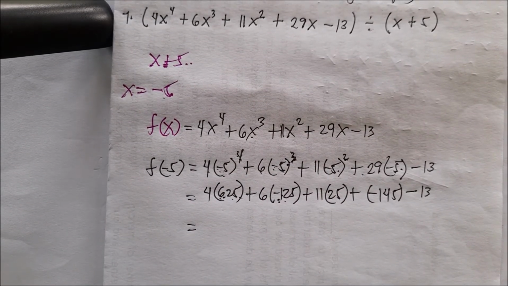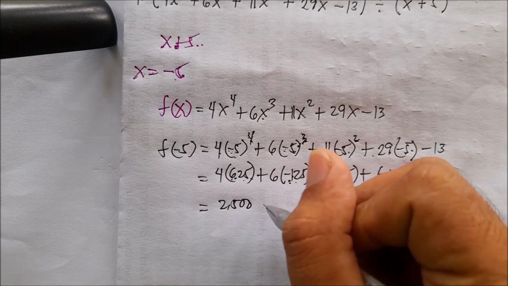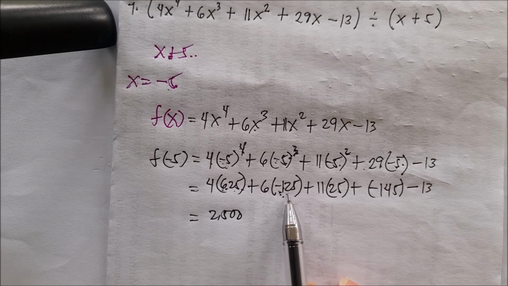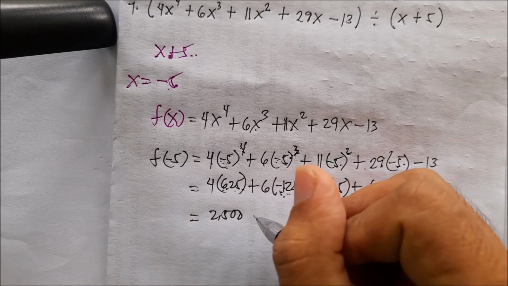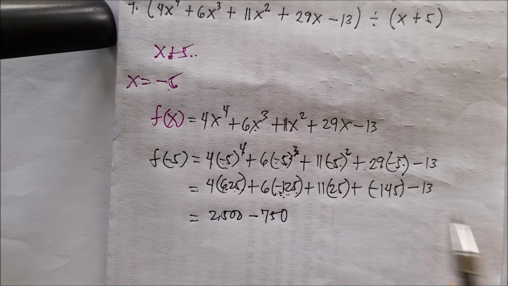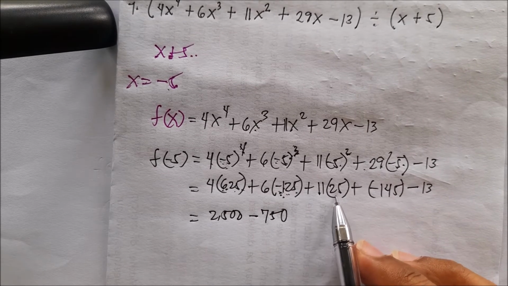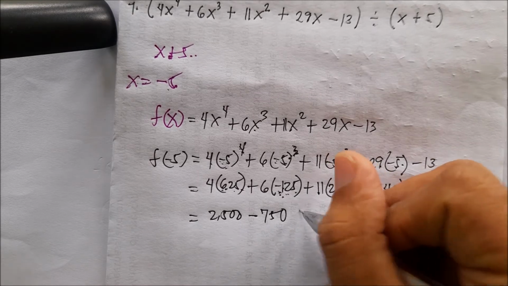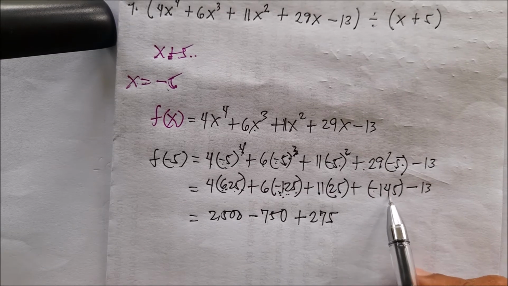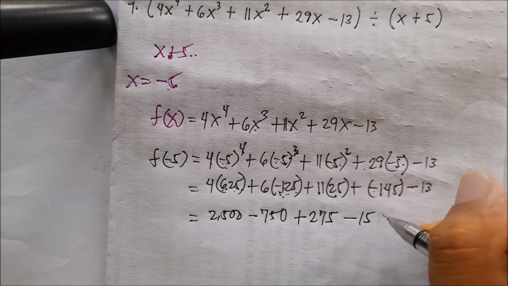4 times 625 is 2,500. 6 times negative 125 equals negative 750. Positive 11 times 25 equals positive 275. Negative 145 minus 13 is negative 158.